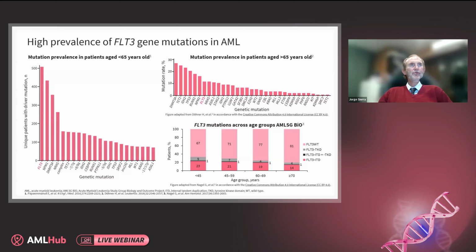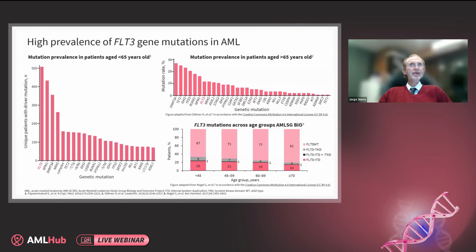You can see here from two large series the frequency of mutations. In patients up to 65 years old, this is a series from the AMLSG with more than 1,500 patients intensively treated, and FLT3 mutations were the most frequent observed.